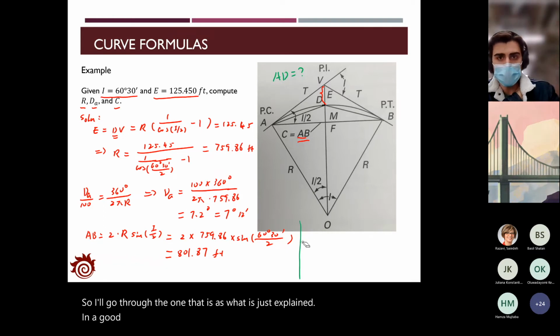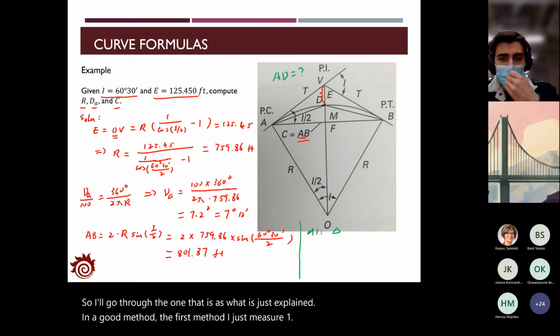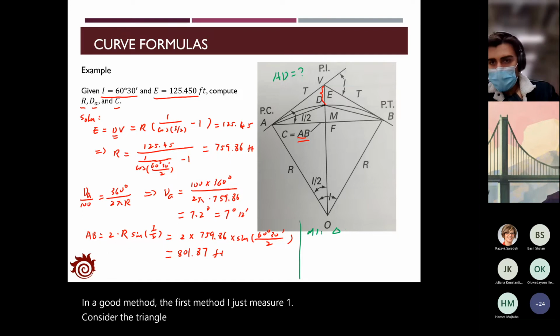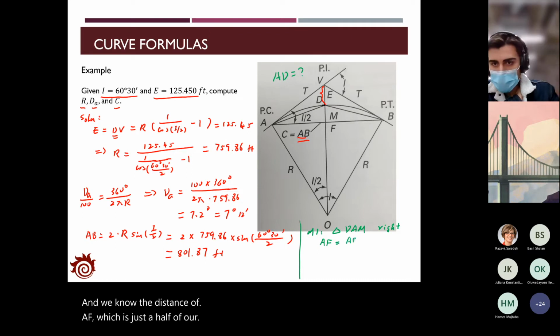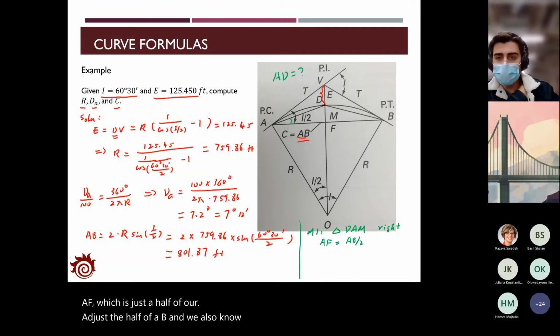The first method, method 1. Consider the triangle DAM, which is a right triangle, and we know the distance of AF, which is just half of AB, and we also know the angle.